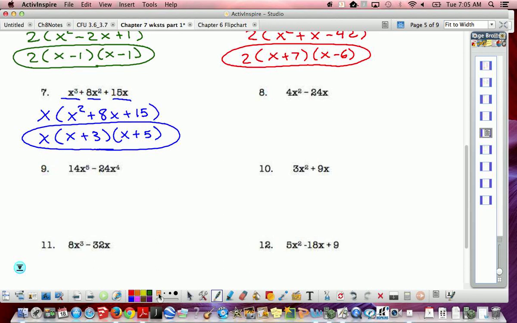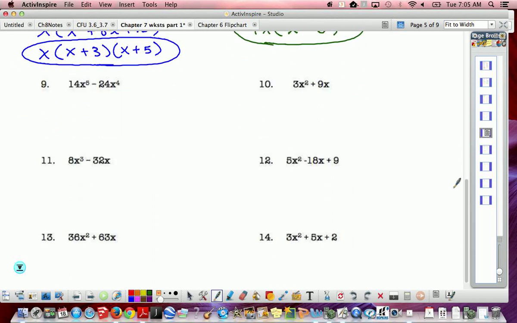Next one. Ask myself, what do they have in common? Well, they have a 4 and an x. So I can pull out a 4 and an x, and I'm left with just x minus 6. X minus 6 is at the lowest possible, so we have number 8 finished.